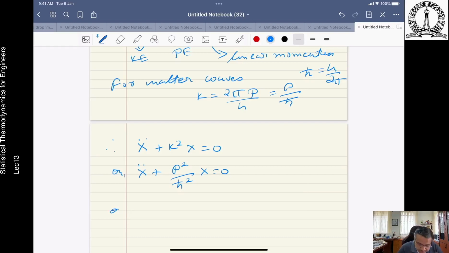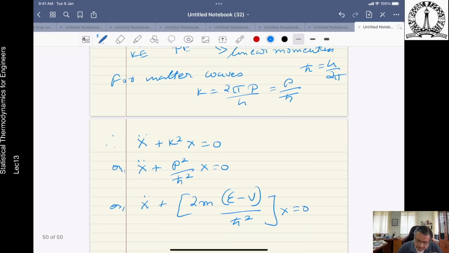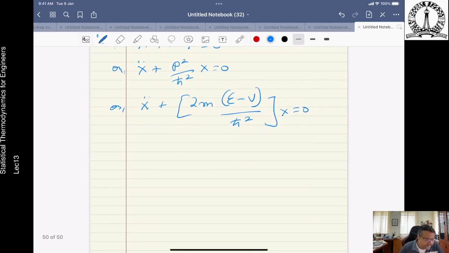Or in other words, X double dot plus 2m (E minus V), E being the total energy, divided by h bar squared, times X is equal to 0. Or, minus h bar squared by 2m X double dot plus V X is equal to E X.